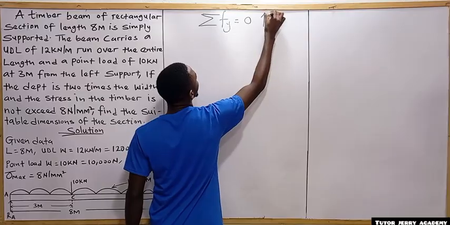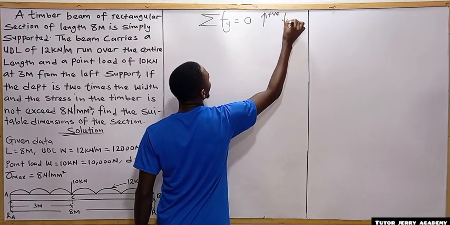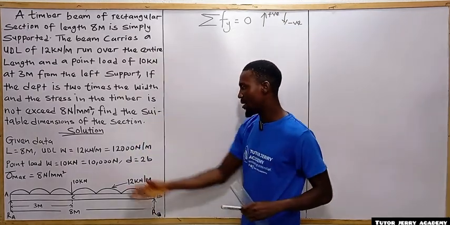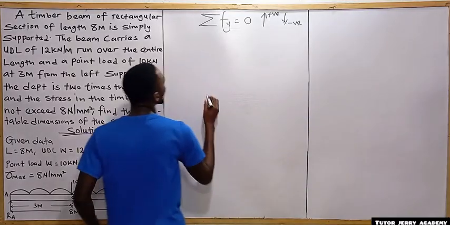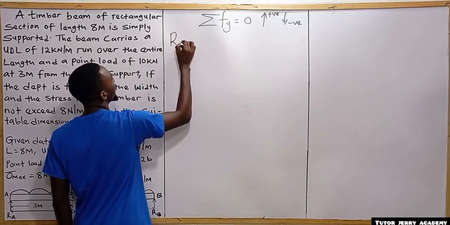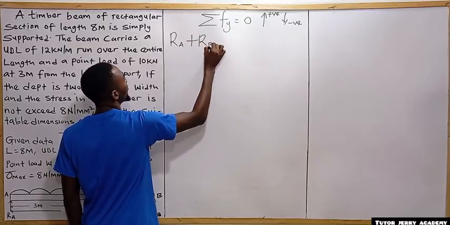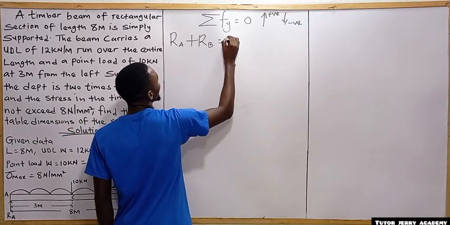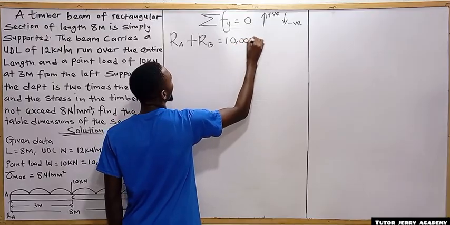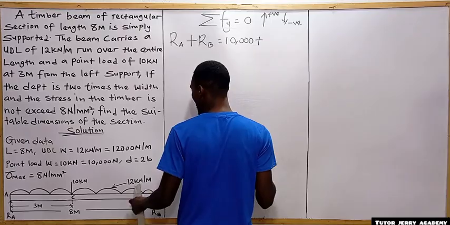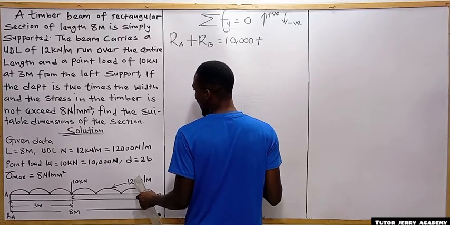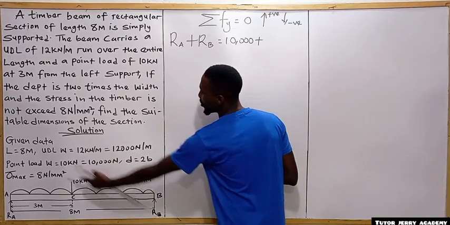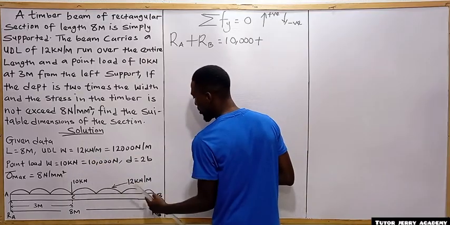Our upward force is positive and our downward force will be negative. Our upward forces here are our reactions, RA and RB. So RA plus RB will be equal to our downward forces. The first one is 10,000, plus the uniform distributed load, which is 12,000. If you convert the uniform distributed load to a point load, you multiply by the total distance it covers, which is 8.